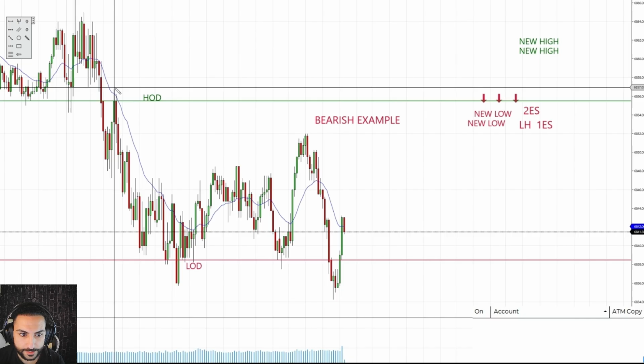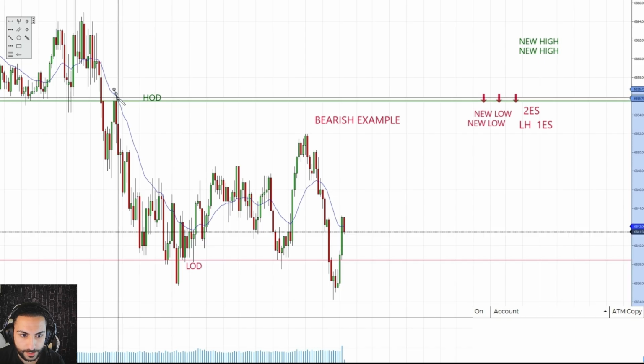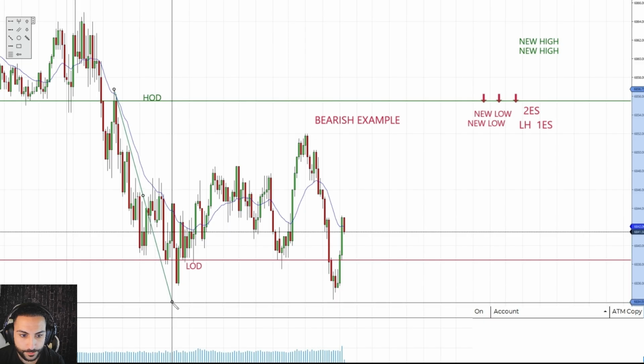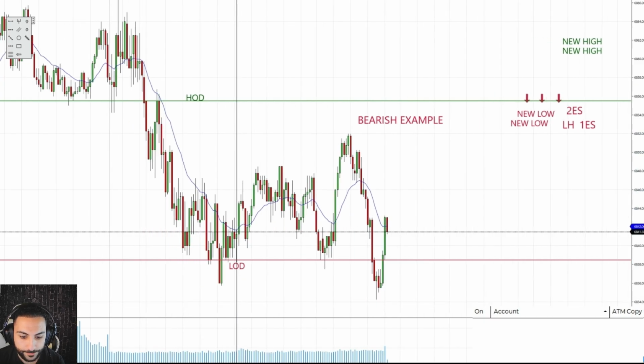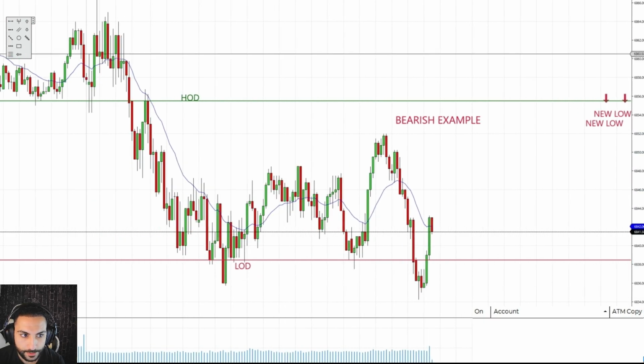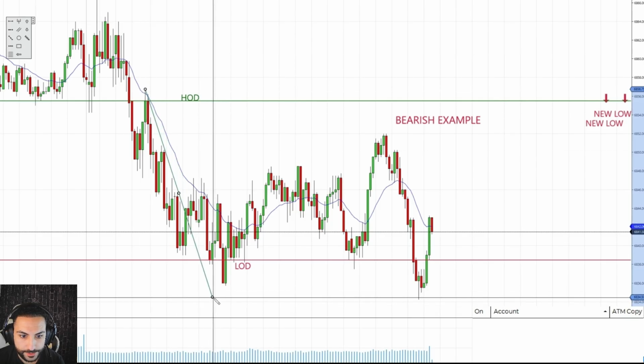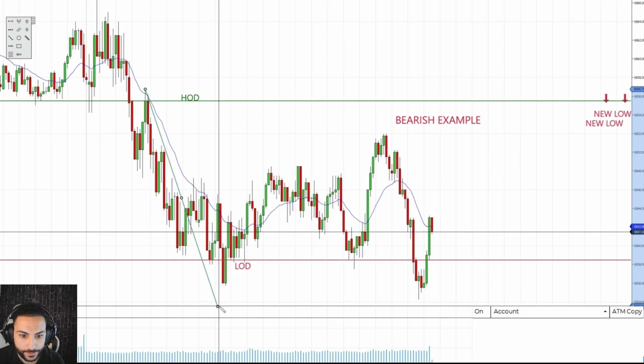I'll look to draw a trend line, right? Because we are trading today's price action. So I'll find the highest point or the highest pivot, and I will draw a trend line aligning with the market direction. The more confirmation touches we get, the better. Let me zoom this in, meaning when I'm drawing from the highest point, I want to get as many confirmation touches and I want to draw it tight.